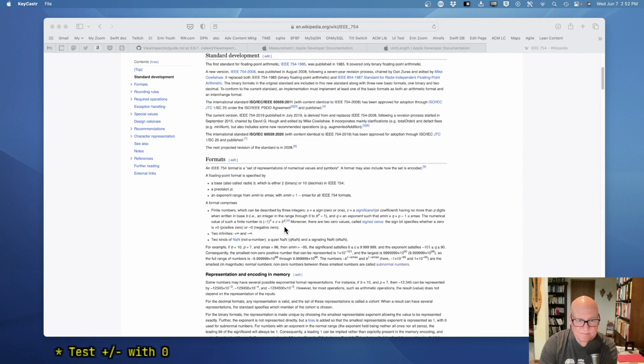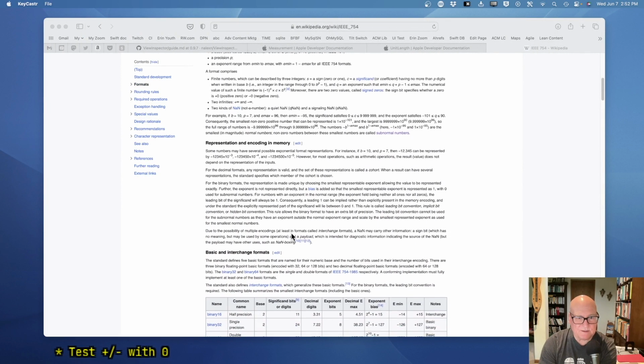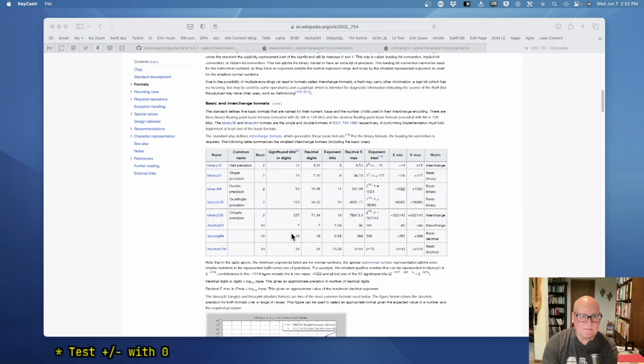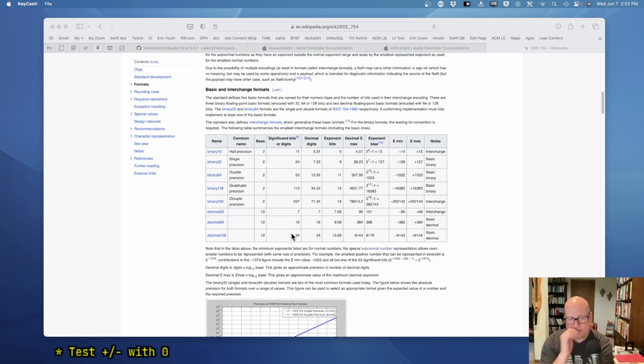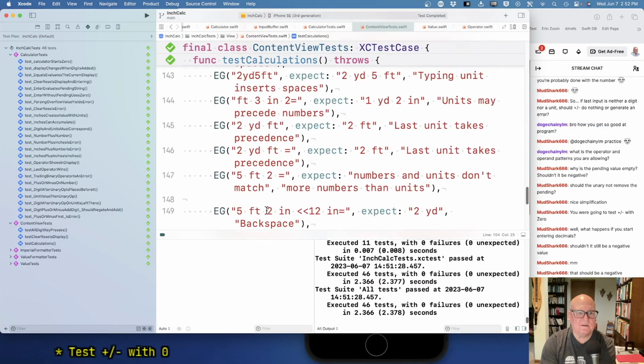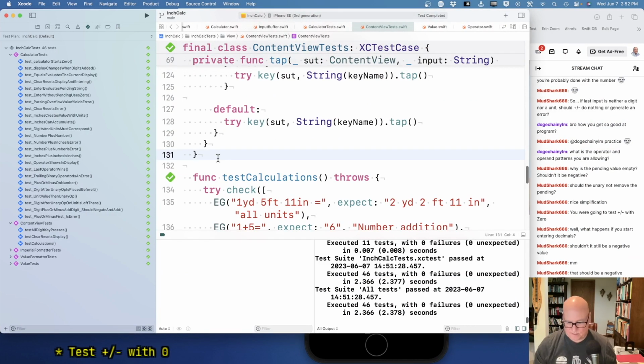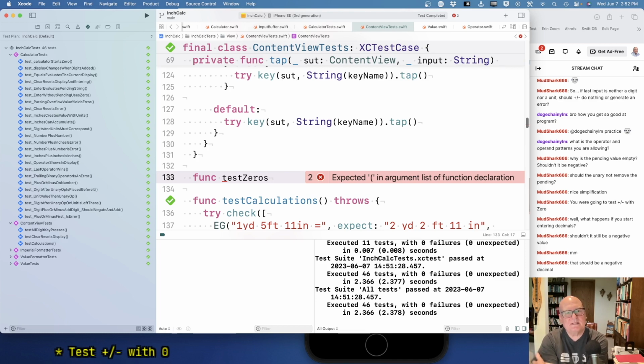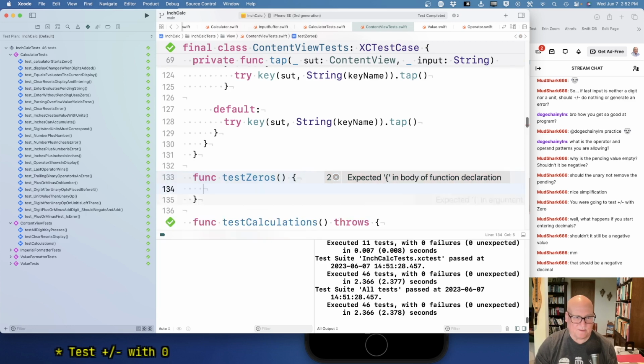I think it's more a representational thing. I guess we could just do a generic test in here real quick. Play around a little. Zeros. -0, 1, 2, 3. But how do I get a -0? I don't know what Swift will do.